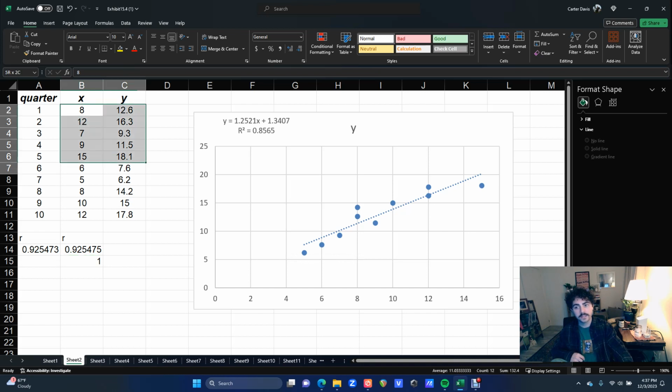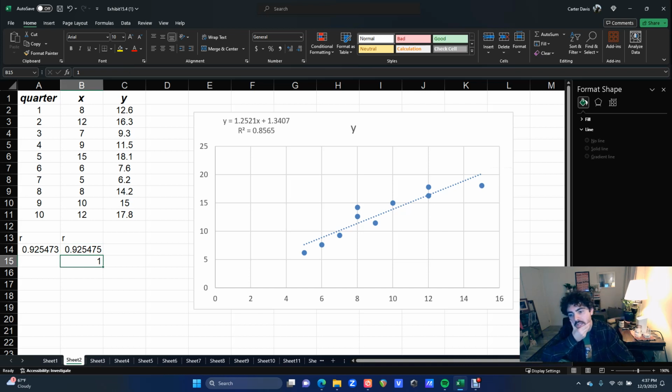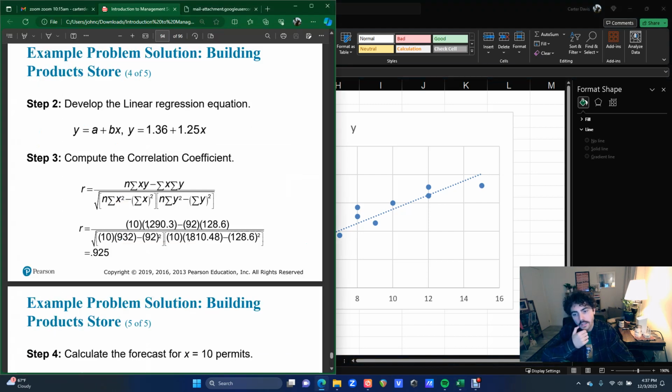So if I plotted these points here and just got like the most random scatter plot, like point here, point here, point here, that would be likely something close to a 0 for the R value. The less correlated it is, the more scattered it is, it leads to an R value closer to 0. The closer to 1, the stronger, more linear the data is. Okay. Negative R values mean negative slope. That's about it. Let's see what else they talk about.